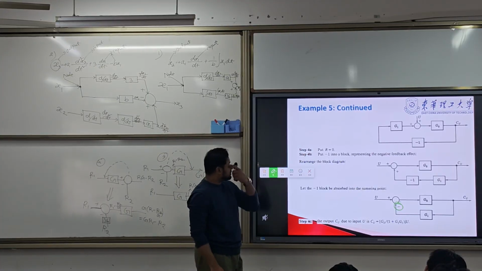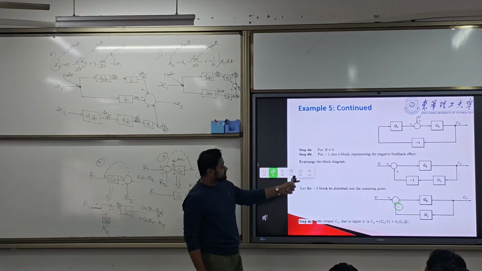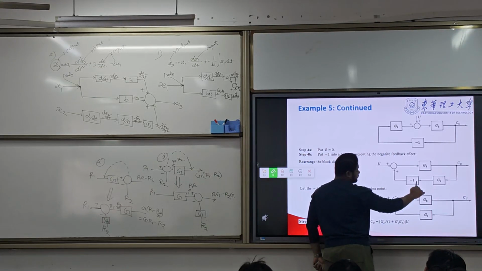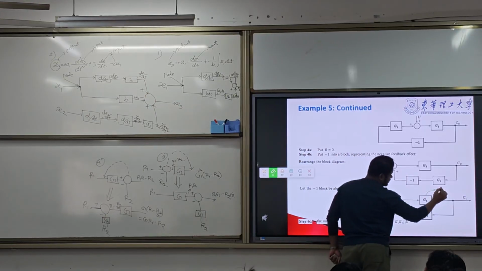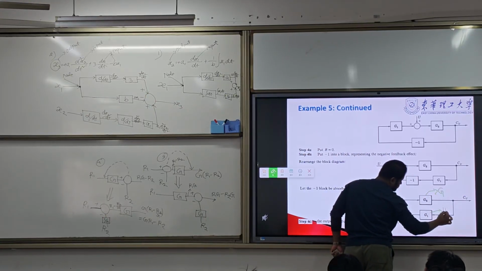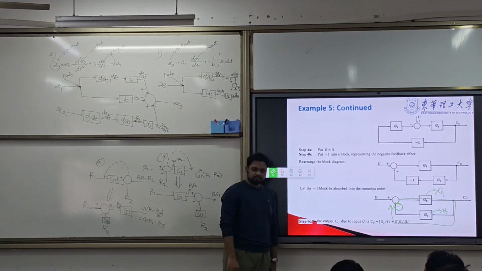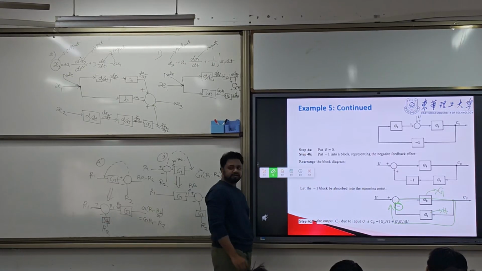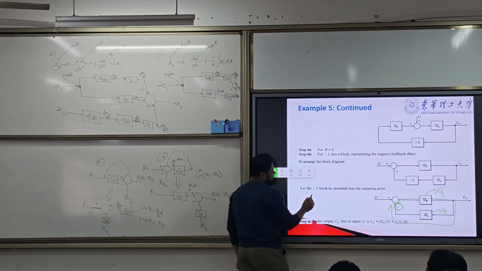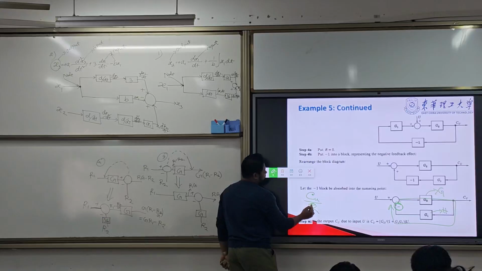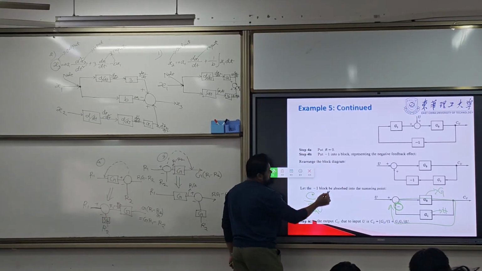Now look at this block diagram, we just redraw it. Now we have a simplified block diagram. This is G, and this is H, because this is feedback. So we already know the equation. Now we are finding Cu by U, not R, because the input is U now.